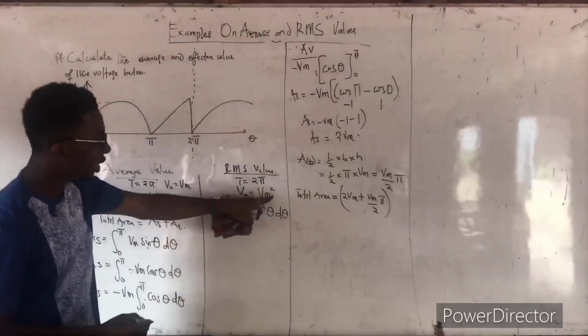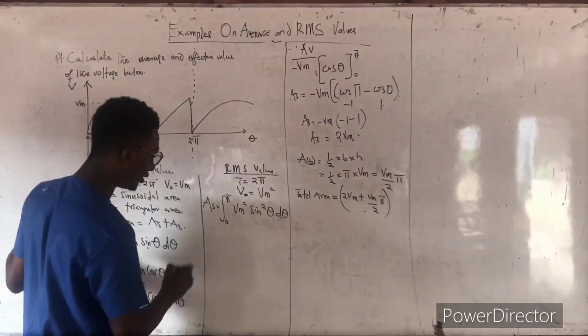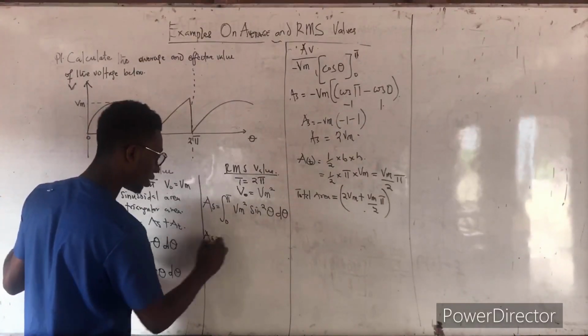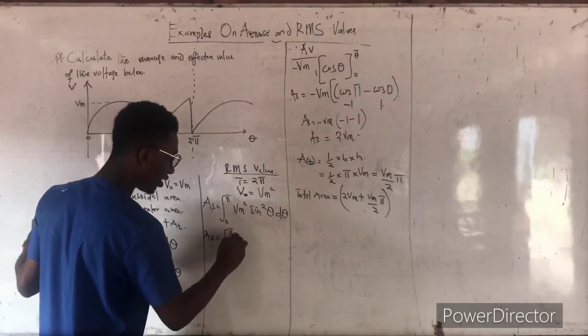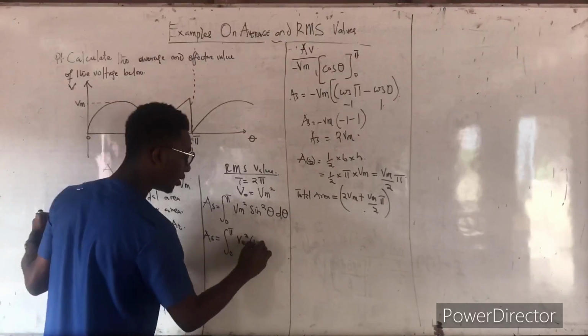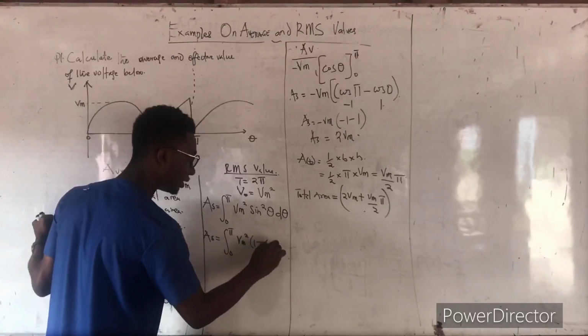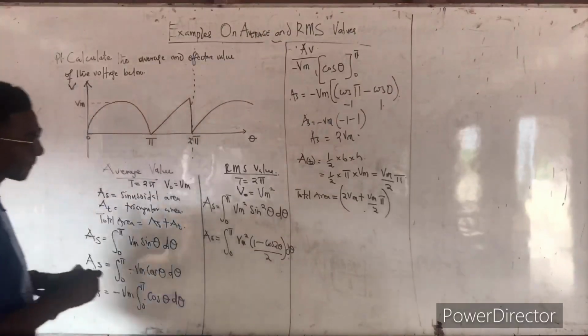Because this is squared, it is affecting the whole sinusoidal quantity. So therefore, the area of the sinusoidal curve simply becomes Vm squared, and this sine squared theta can simply become 1 minus cos 2 theta all on 2, d theta.